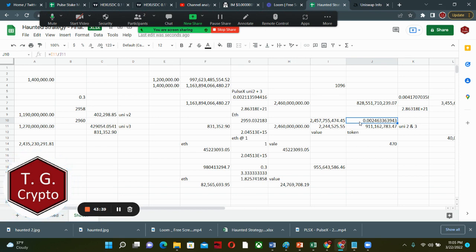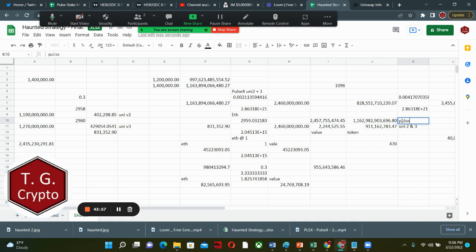We'll wipe out this price here, and we'll say these tokens minus these tokens. So this is PulseX right above Uniswap 2 and 3.